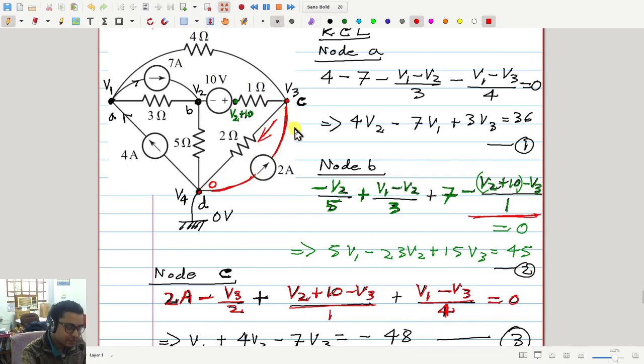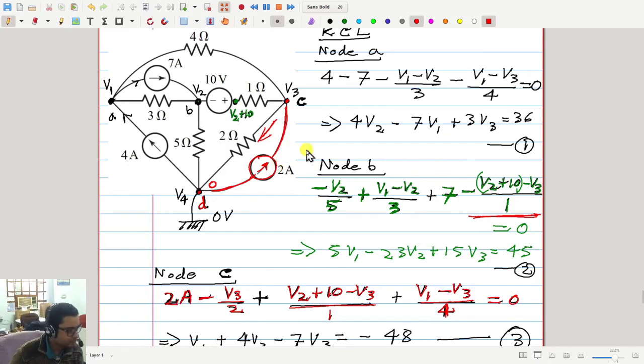First of all, you can assume zero potential at any one node, but you cannot assume zero at multiple points. Any one you can assume, no problem. Yes, sir, but you had assumed it at point D. Then zero can also be at C because there is a straight wire connecting it. Where is the straight wire? There is a current source present. Oh, yes, sir, I got it.